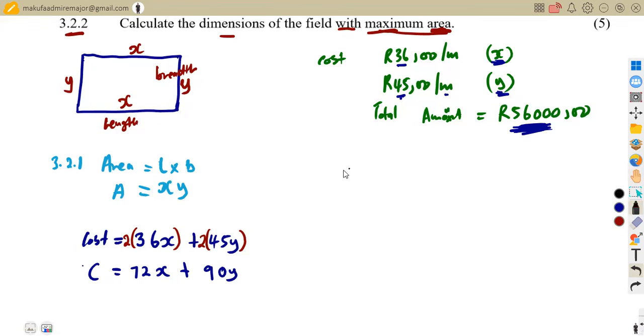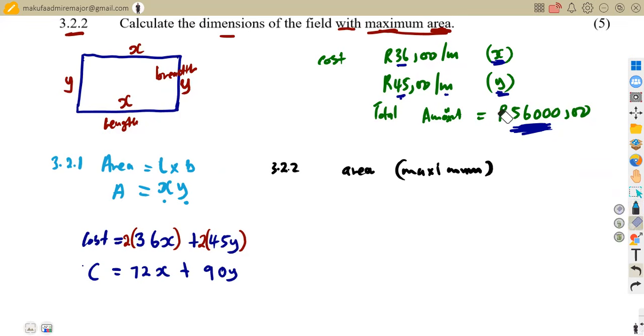So it is the area that we are supposed to work with in this case. We are supposed to be focusing on the area for it to be maximum. What is the condition? The first derivative of the area must be equal, but with respect to what? That is the question. With respect to what? Is it with respect to x or with respect to y? That is what you need to ask yourself now. Is it with respect to x or is it with respect to y?